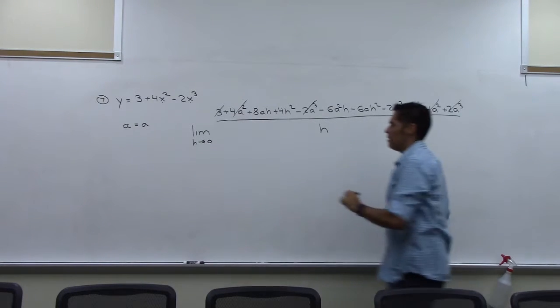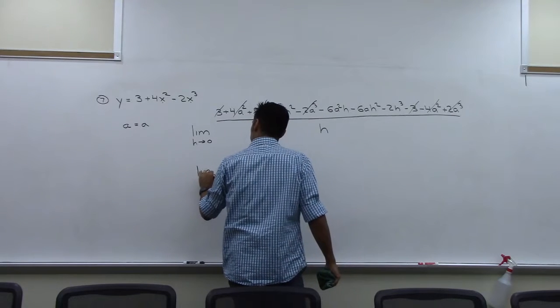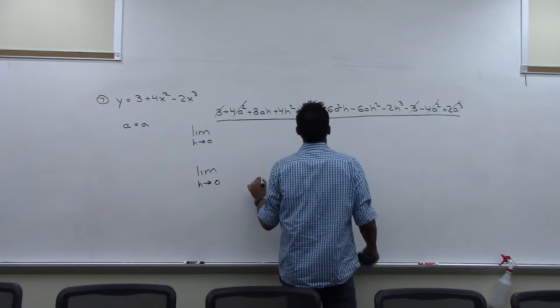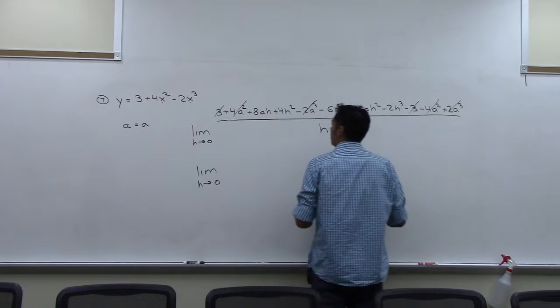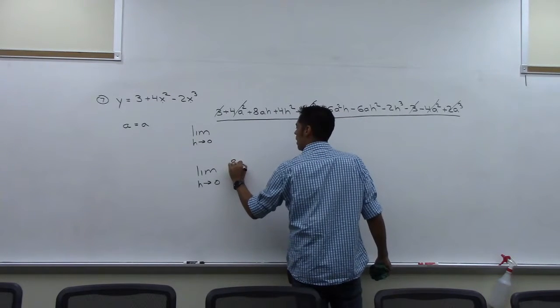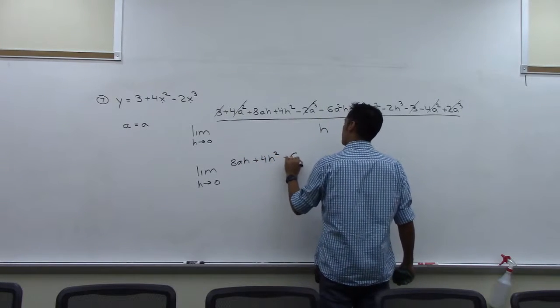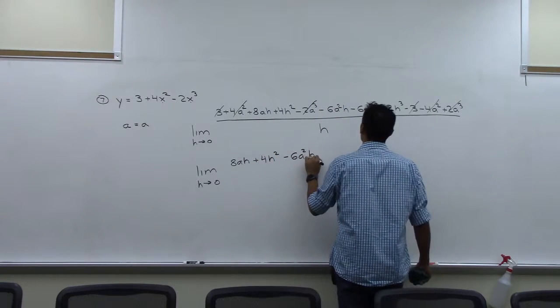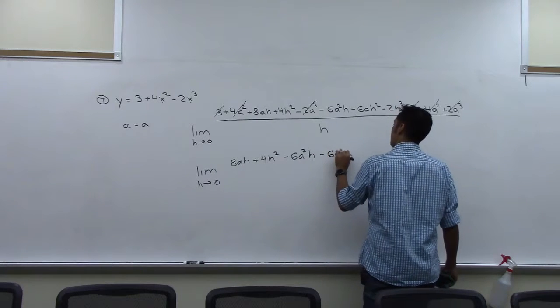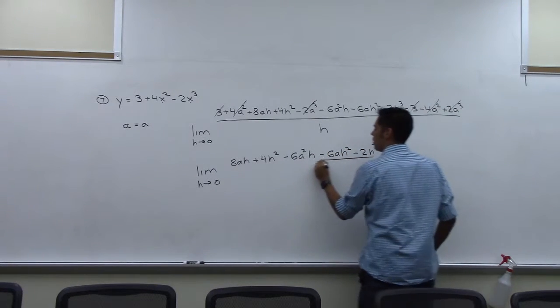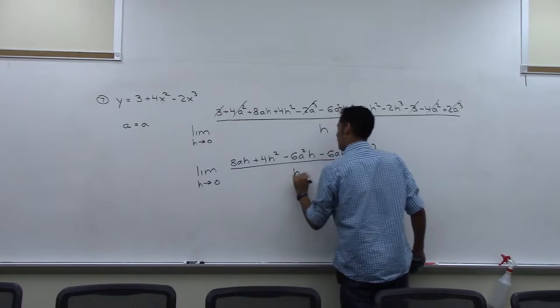So I'm okay with that. Limit h goes to 0. All right, okay, I'll write it. 8ah plus 4h squared minus 6a squared h minus 6ah squared minus 2h cubed all over h.